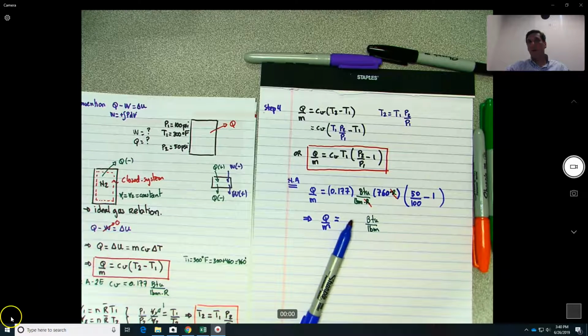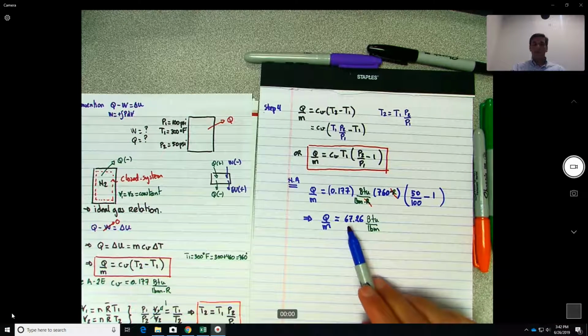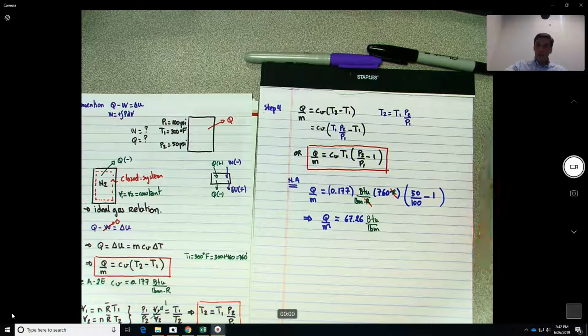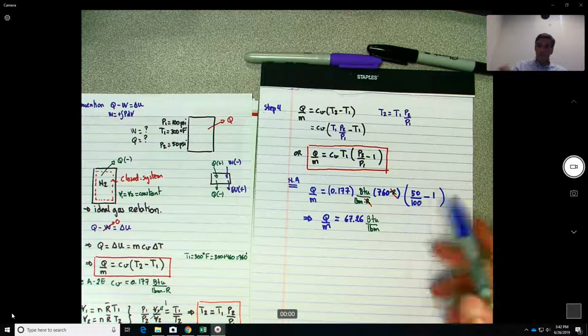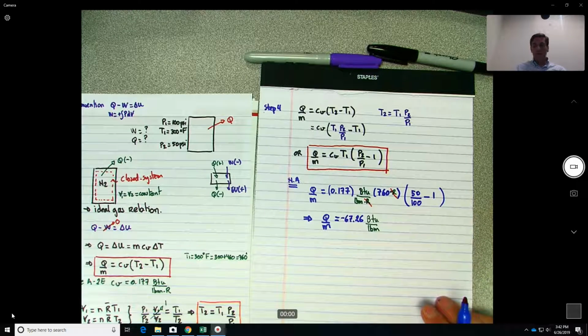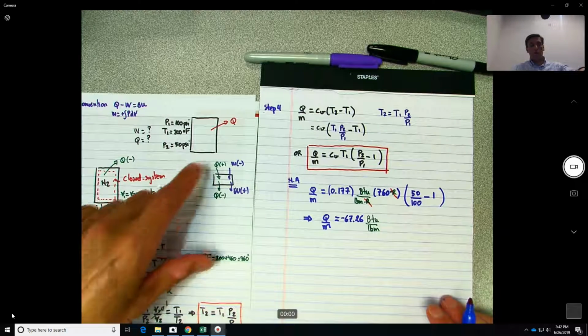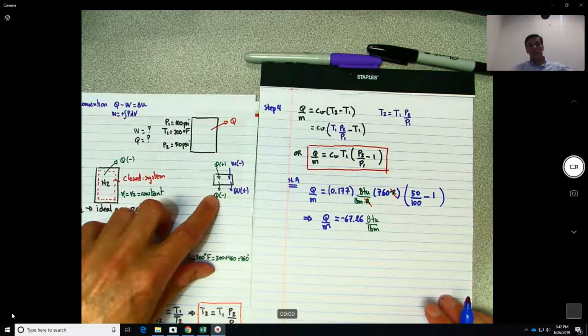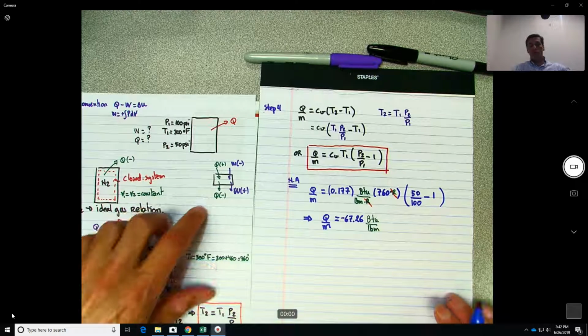The numerical value is minus 67.26 BTU/lbm. And you see this is a negative value. Why do we get a negative value? Because, as we said over here on the system, if the heat is coming out, the system is losing heat, so the value needs to be negative.